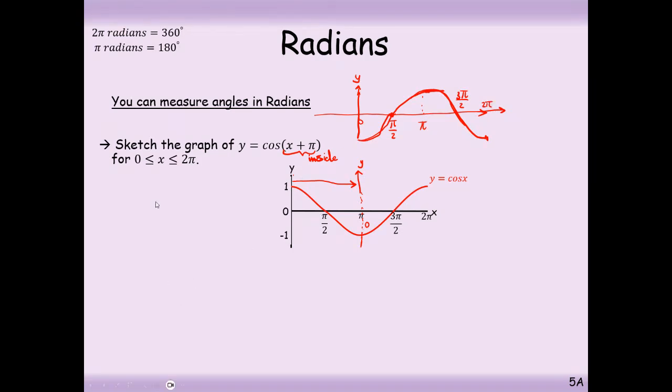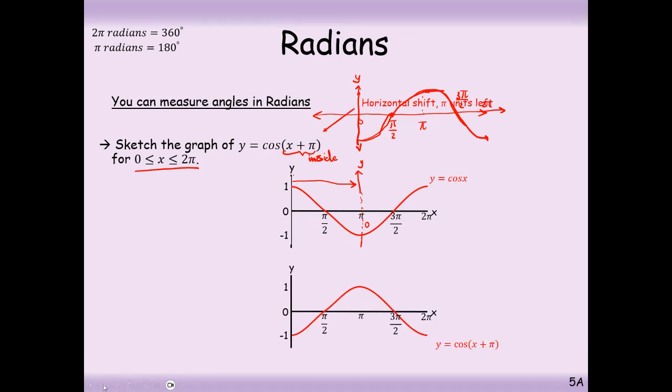The question asks us to resketch the curve between 0 and 2 pi, and that's exactly what I've done above the original curve. It's a horizontal shift, and the correct answer is also shown graphically at the bottom of the page.